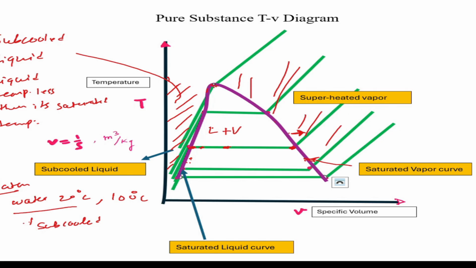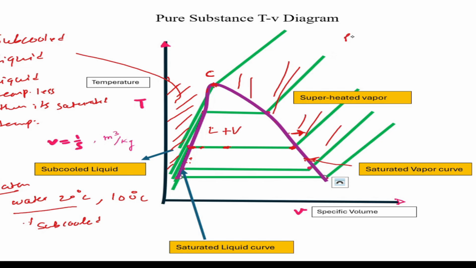And at the top here, this is called the critical point. At this point we cannot identify the difference between liquid and vapor.